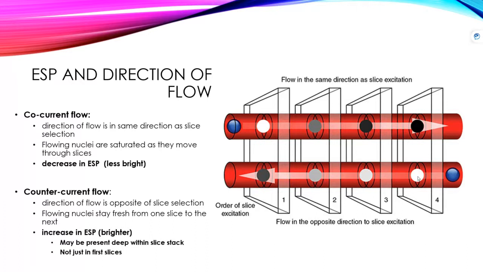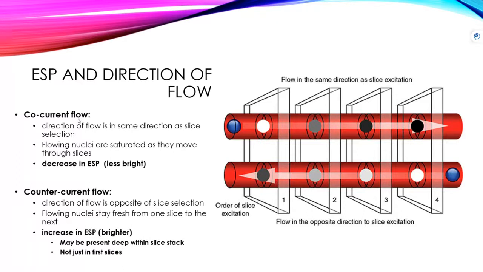As we excite slice 2, the spin is still over here, and remember, especially in gradient echo sequences, we're always going to get a signal if they're getting excited and rephased. So as it's moving countercurrent, it's actually going to be brighter in more slices.